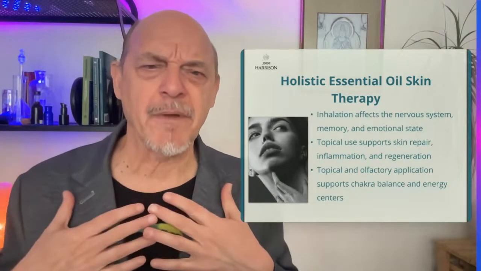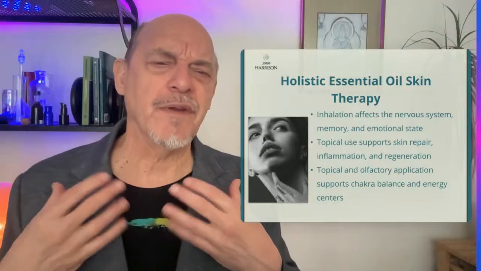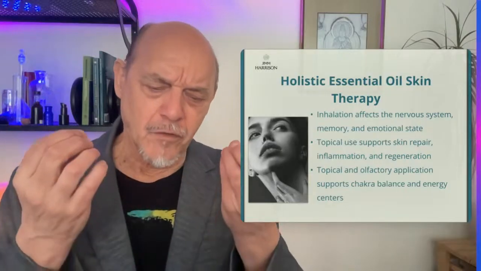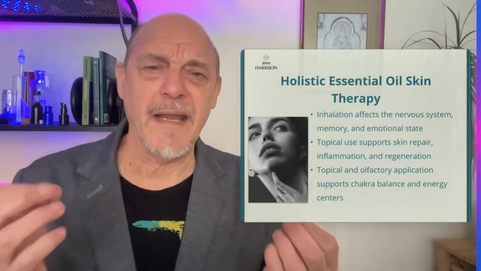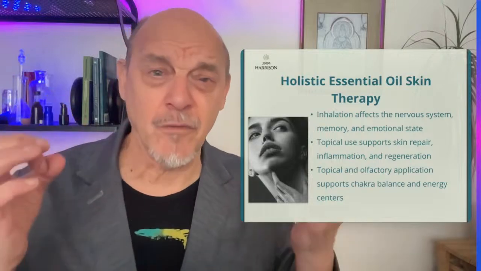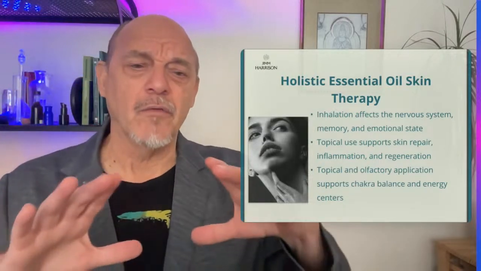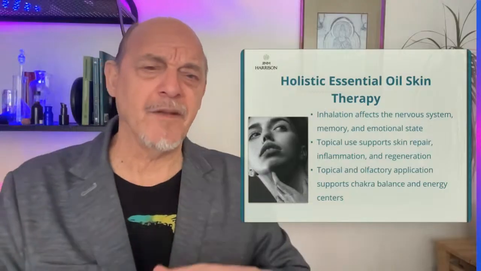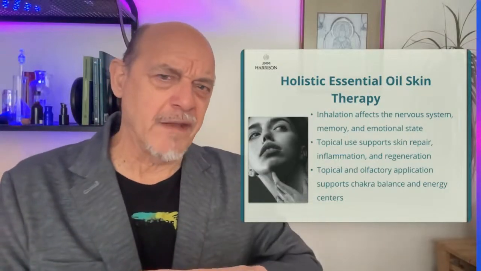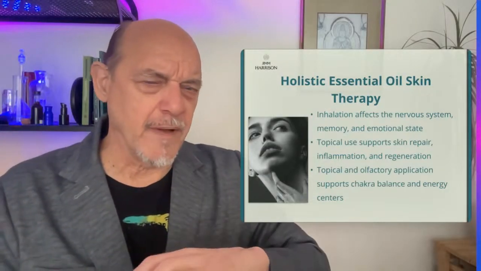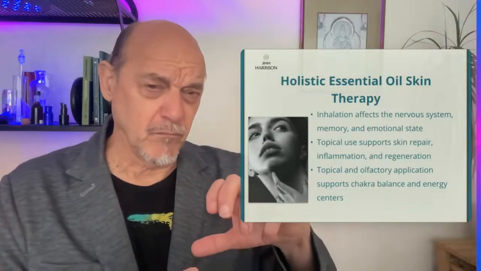A lot of the effect topically is coming from receptor cells and nervous system receptors. There's the endocannabinoid system. There's the olfactory nerve endings within the skin, which I think is cool. So topically, oils penetrate, and then they have ways of working, creating physical changes within the skin.